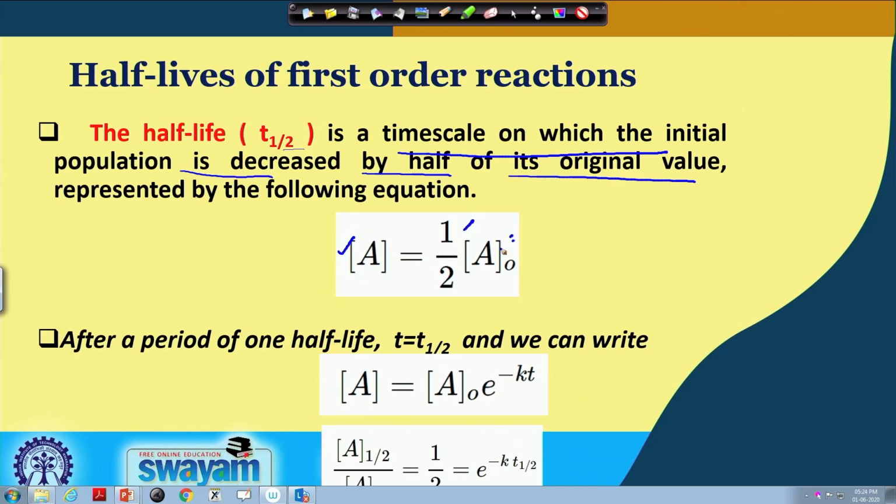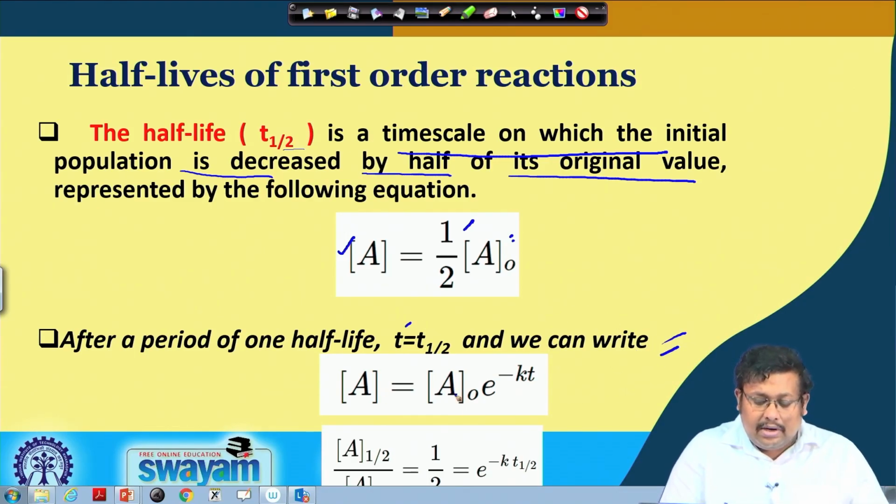So, after a period of one half life, that is t equal to 1 T half, we can write A equal to A0 e to the power minus kt. So, it is another representation of the first order reaction, we have already discussed it. So, from there we can see A half by A0 concentration equal to 1 by 2 equal to e to the power minus k T half.